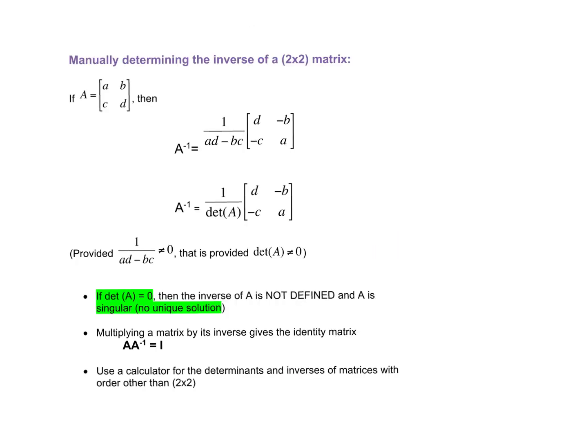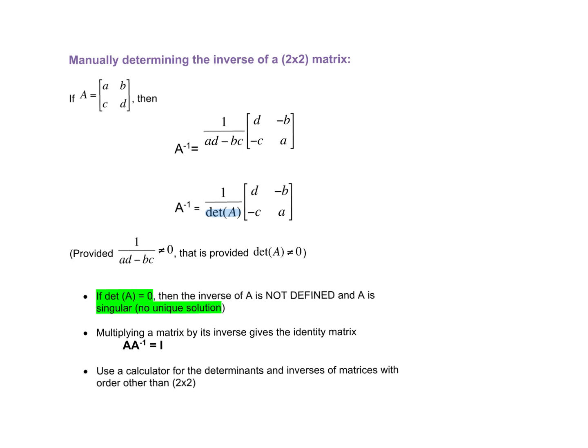Okay, so why we had to find the determinant manually is because you can see down here in the formula for the inverse, we have the determinant. So it's part of the inverse formula.